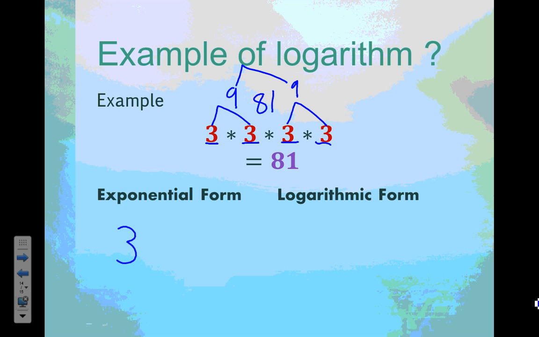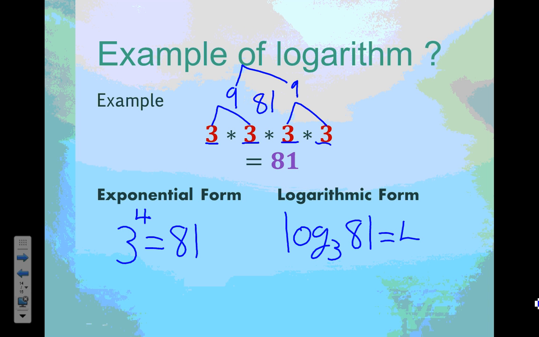So I'm multiplying 3 by itself 4 times to get an answer of 81. That is the exponential form. What about the logarithmic form? I have log base. Well, as you recognize, the base is 3. So log base 3 of 81 is equal to 4.